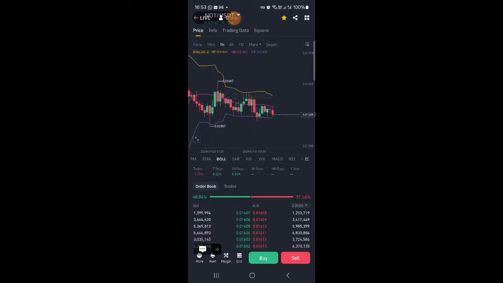I only buy when the price is below or at the lower band. Once the price is above the median line, I don't enter the trade. That is a buy trade. I am explaining the buy trade now, I'm not talking about sell.